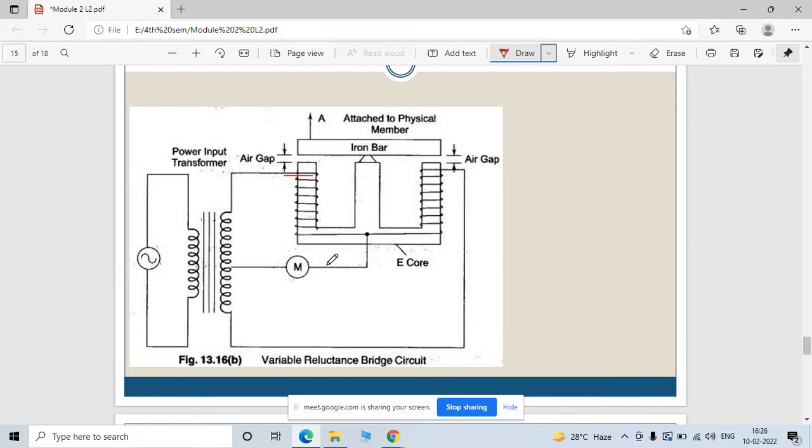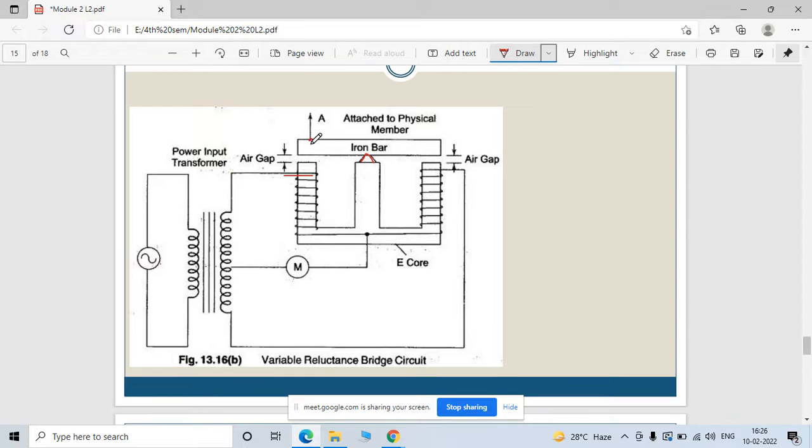And there is a magnetic part connected to this bar magnet, and your load whose displacement is to be measured is connected at one end.